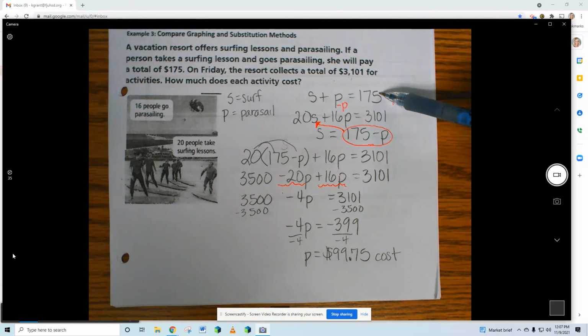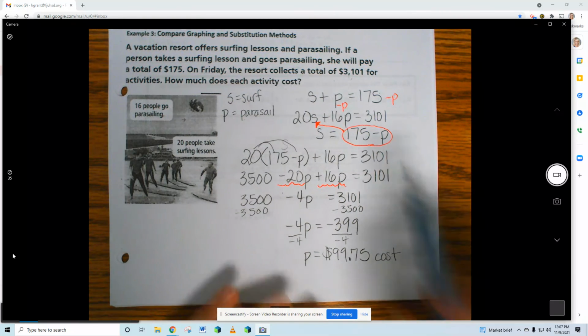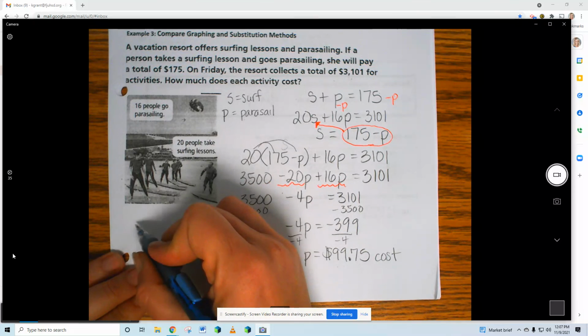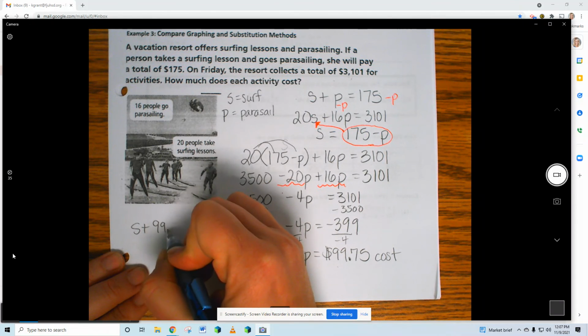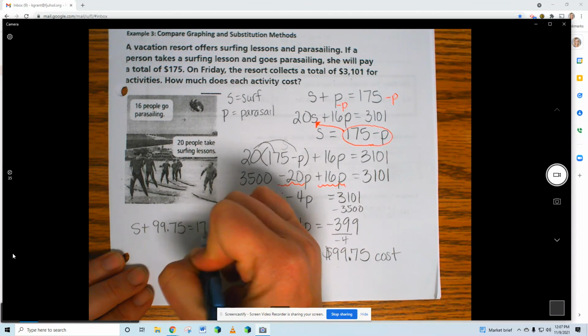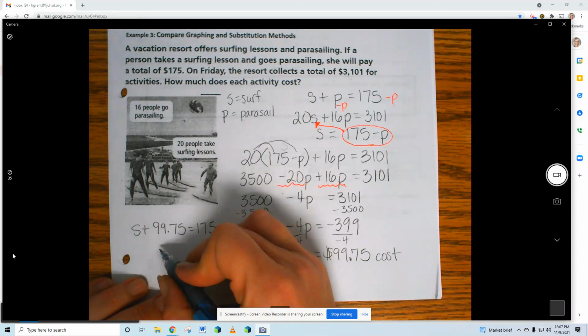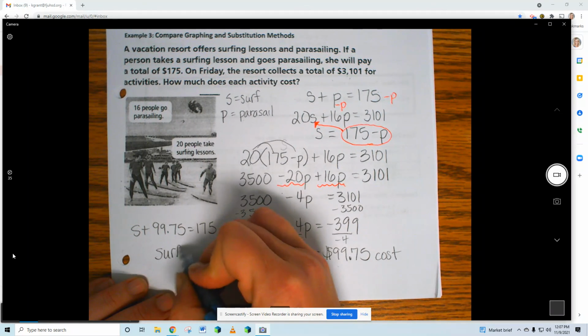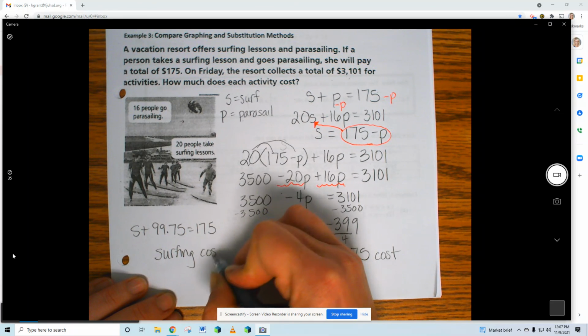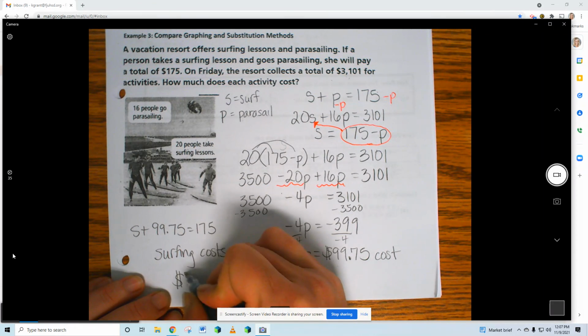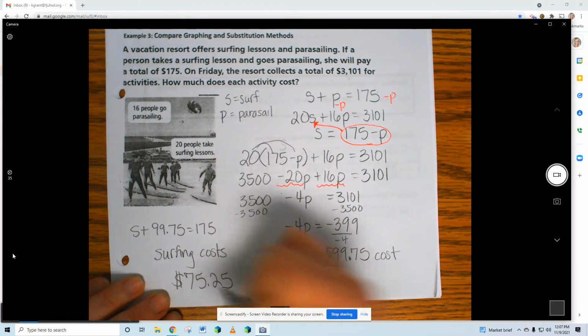So if we know that 99 of it is the parasailing portion, the cost is 175 minus 99.75. Surfing costs $75.25.